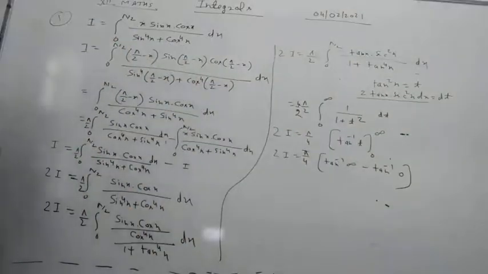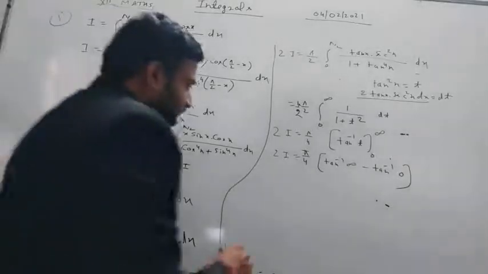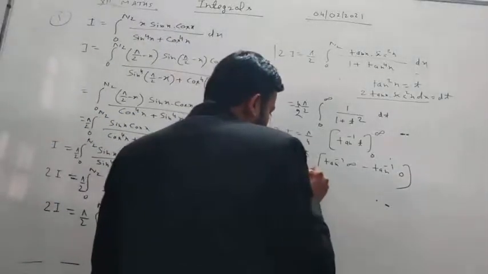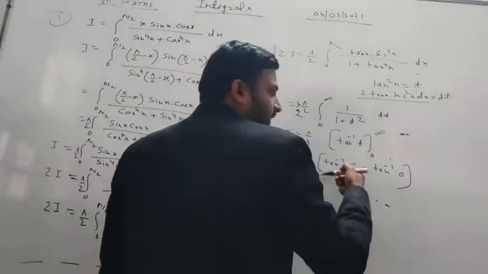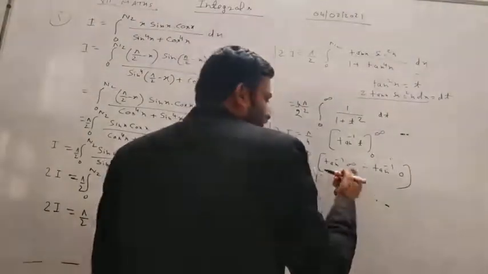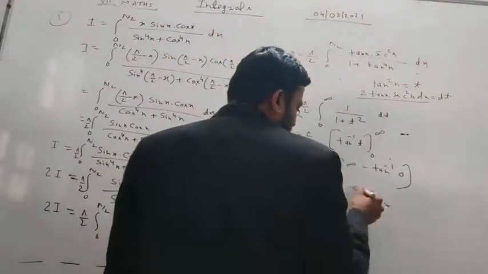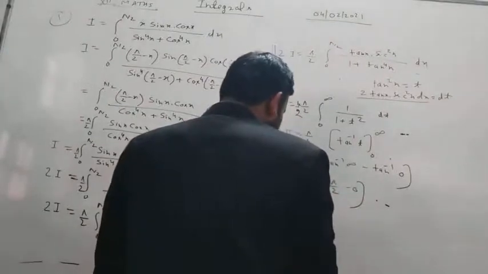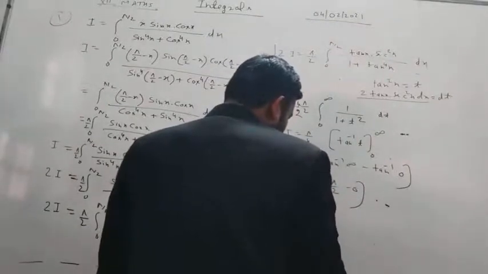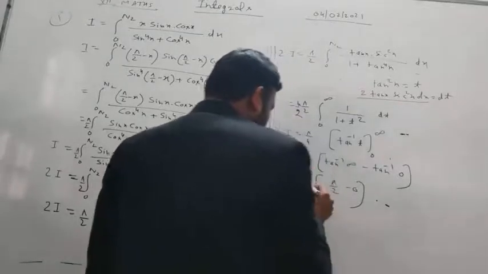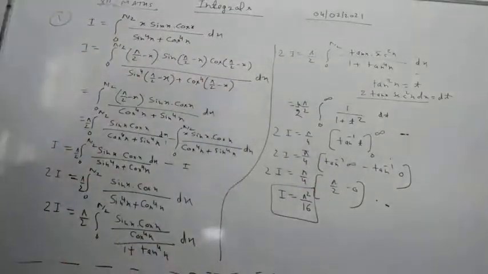Now we put the values of tan inverse of infinity and tan inverse of 0, and we get 2I is equal to pi by 4 times pi by 2, and this part is 0. So we get I is equal to pi by 4 times pi by 4. So our integral I is equal to pi square by 16.